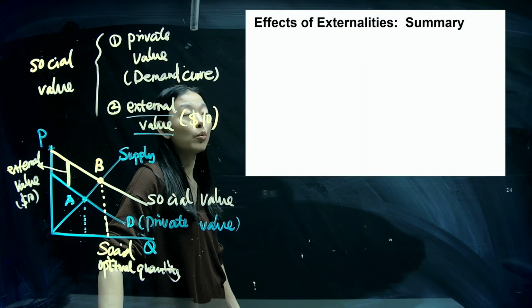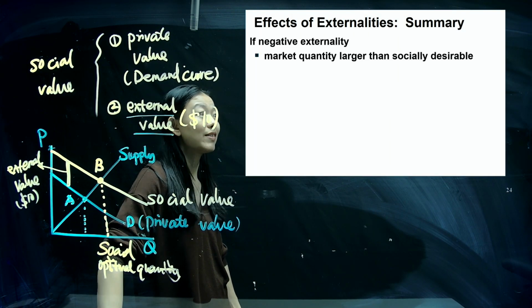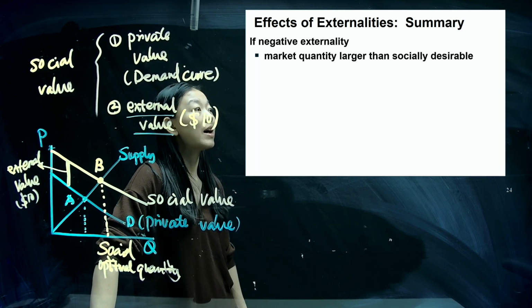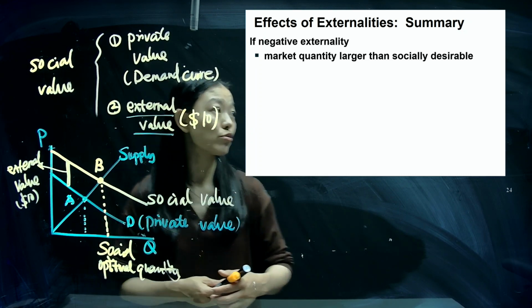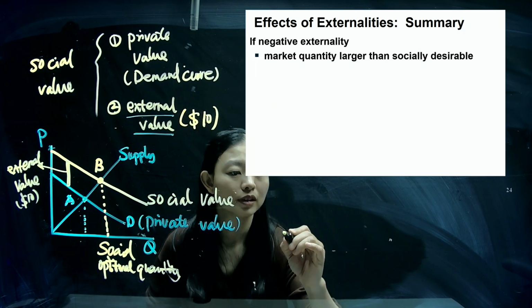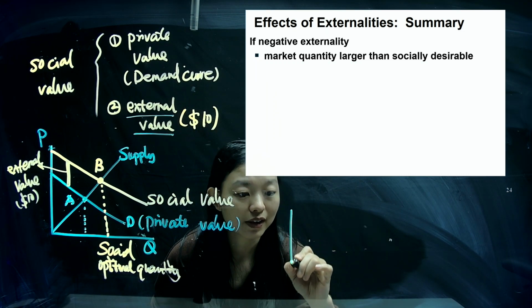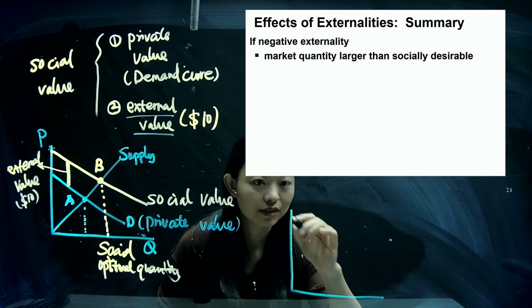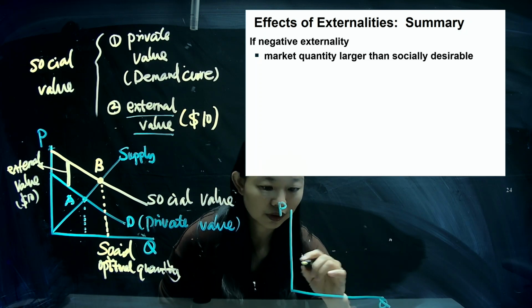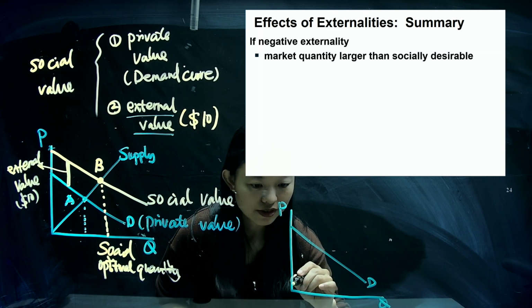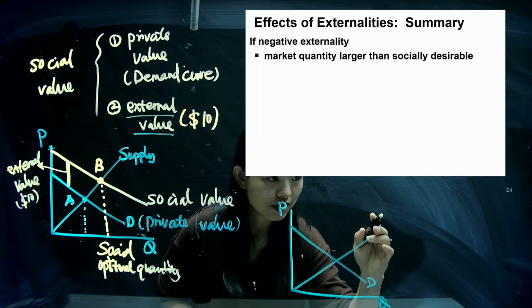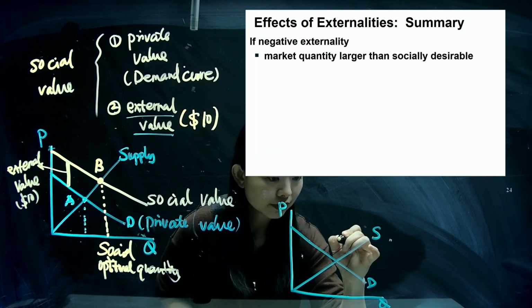Then what can the government do? If the negative externality exists, then the market quantity will be larger than the social optimum quantity. I can draw the graph here. If there is a negative externality, this is P, this is Q, this is the demand curve, and this is our supply curve.